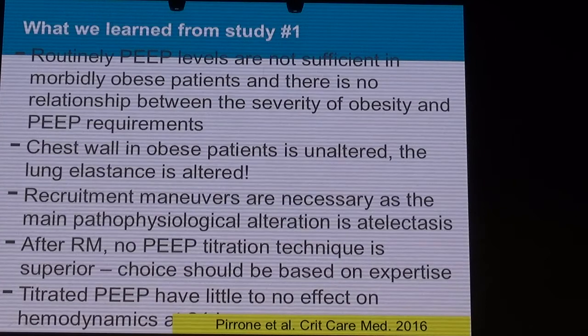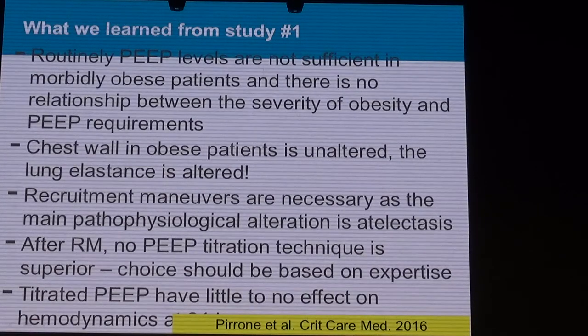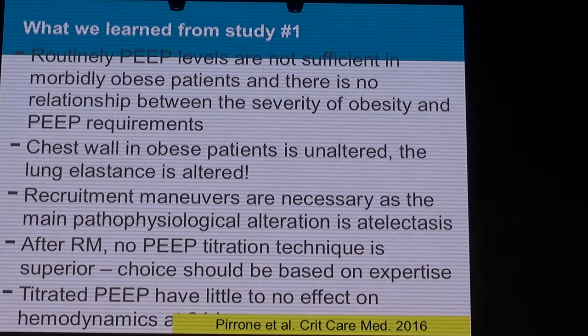As a conclusion for the first study, we showed that, against our hypothesis, chest compliance of these patients is absolutely normal. What is changed in these patients is really the lung compliance, because of atelectasis. And whether you use transpulmonary pressure or a decremental PEEP trial, we found the same level of PEEP, about 20, as the best PEEP in these patients.